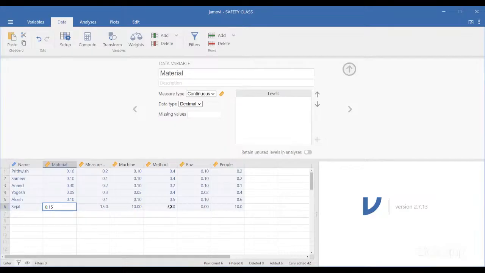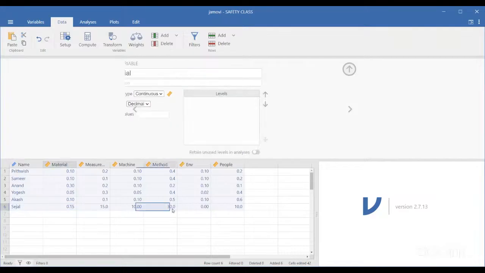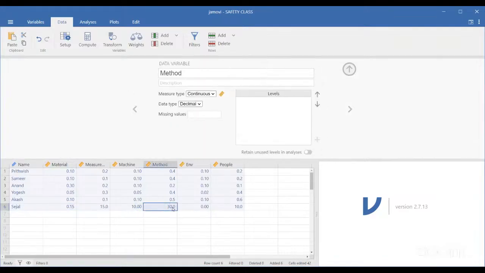No, 0.40, not the 10. Now she's changed. This is 0.40 now. This is 0.20. Okay, thanks.